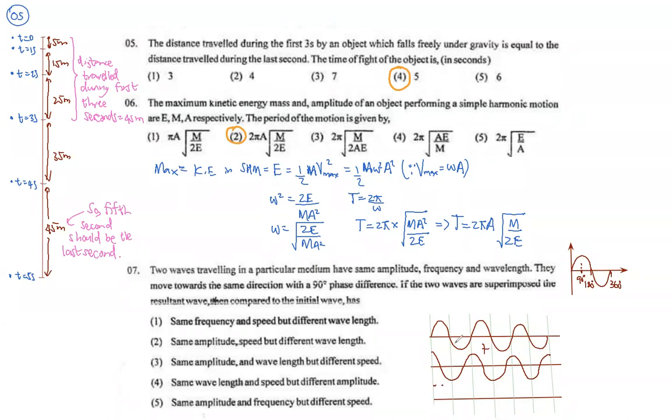In the middle we will have this, and here we have a maximum amplitude once again, and at this point minimum amplitude once again, and here also minimum, maximum, minimum.